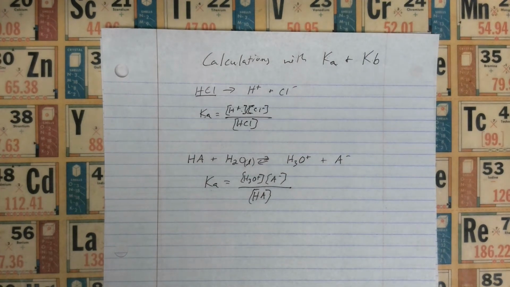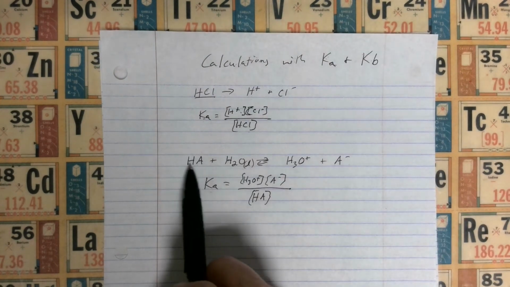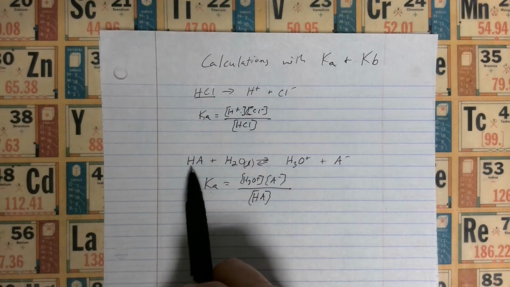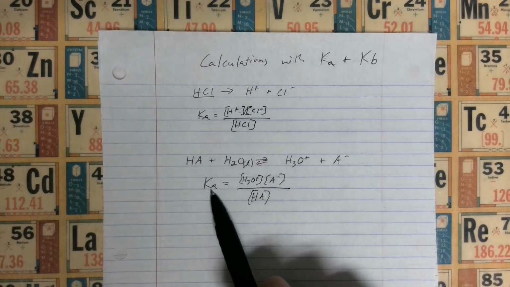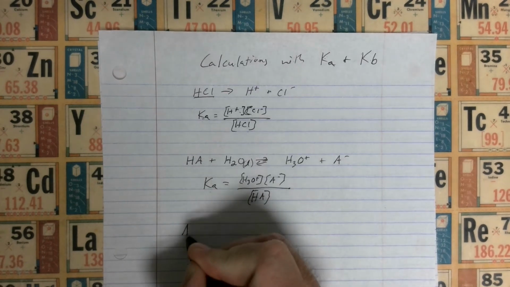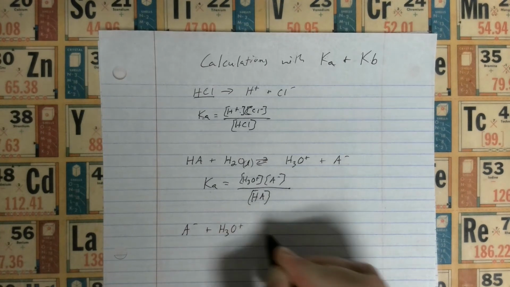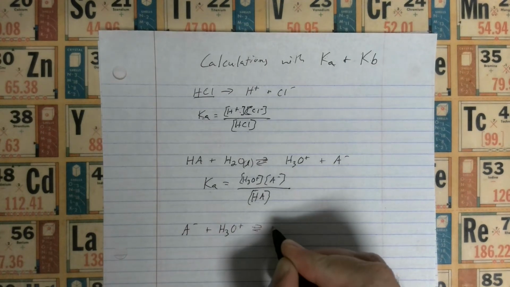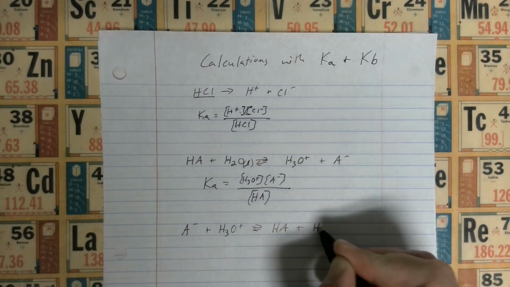Now, one thing to note: when we go this way, HA would be the weak acid, A minus would be the conjugate base, and if we do the reverse, A minus plus H2O.